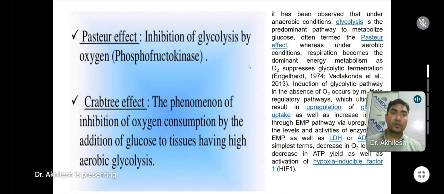Similarly, we have another effect called the Pasteur effect, where there is inhibition of glycolysis by oxygen. Phosphofructokinase is the second enzyme of this pathway, where glucose 6-phosphate is converted into fructose 6-phosphate.